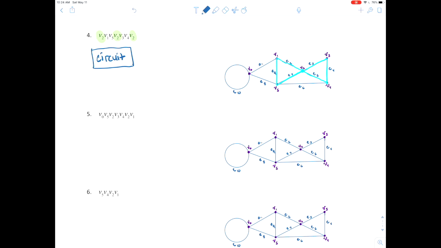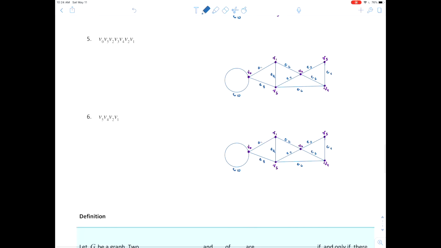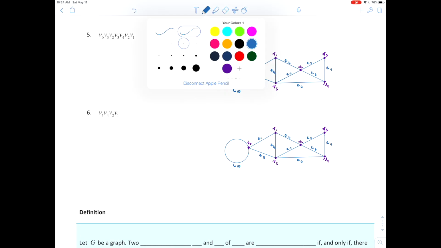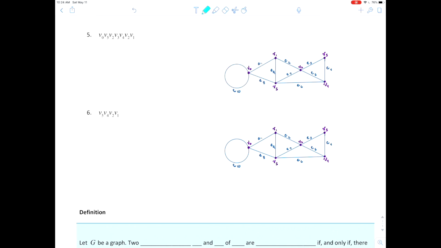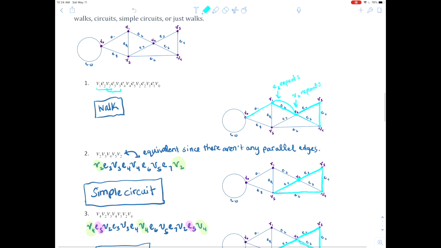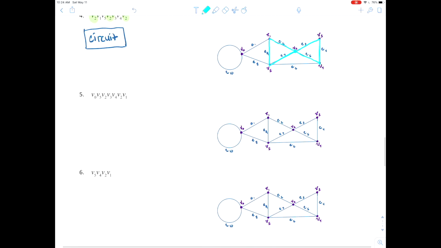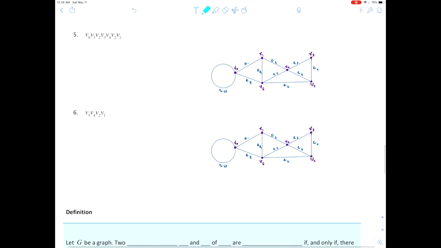All right. Now, let's see what we have for this one. It doesn't start and end on the same vertex. So what do you think about this? We know it's not going to be a circuit or a simple circuit or a closed walk. So now we just need to think about, what is this going to be? Just a regular walk, a trail, or a path? Let's do it.